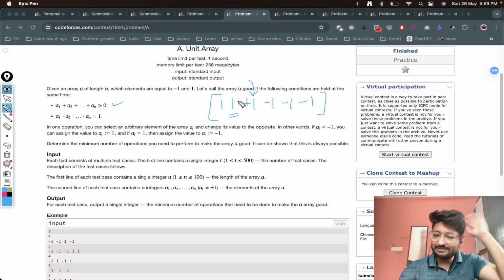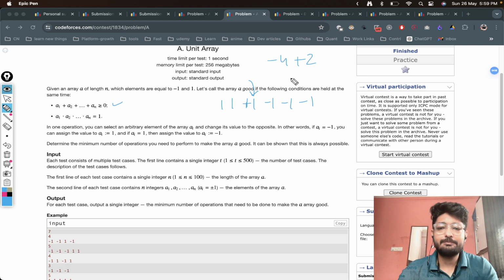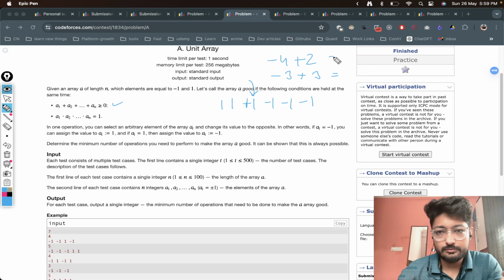As you can see, initially it was, let's say, -4 plus 2. But if I flip one, it is -3 plus 3, so obviously this is an increment of 2.